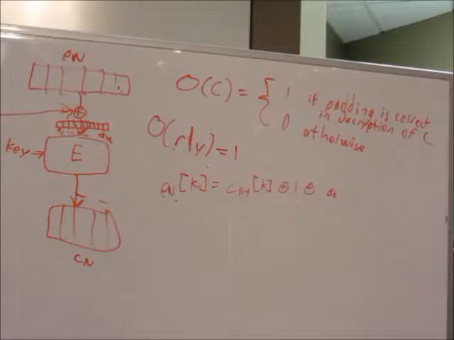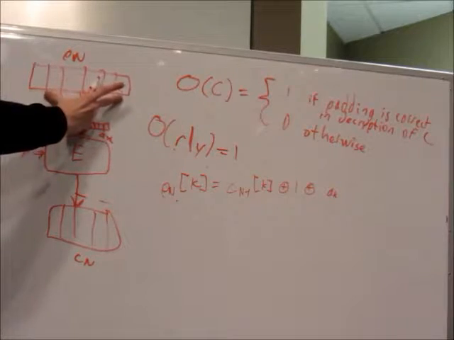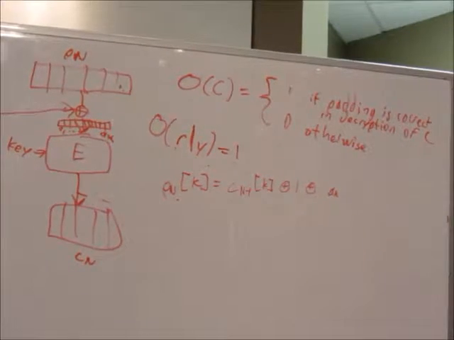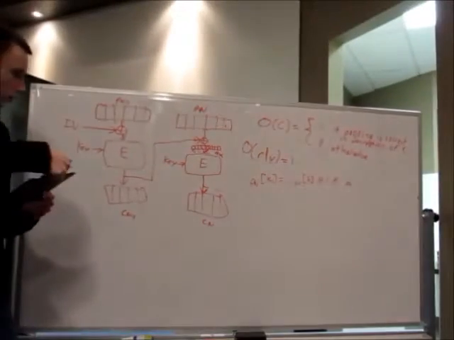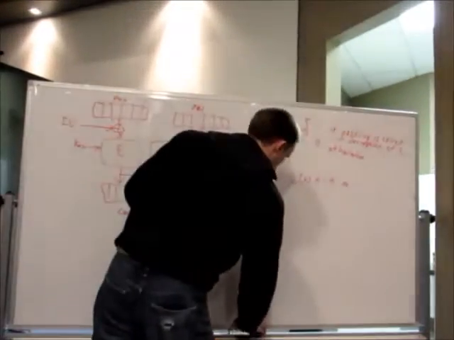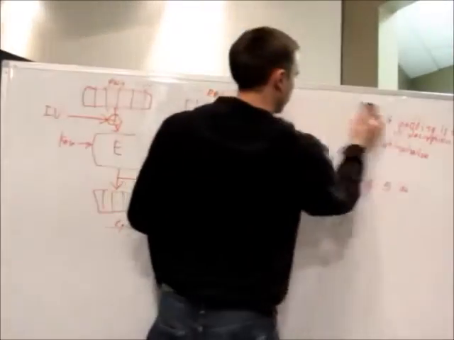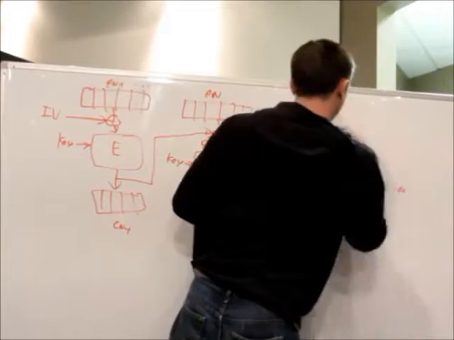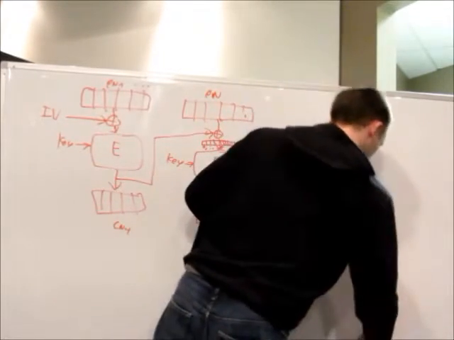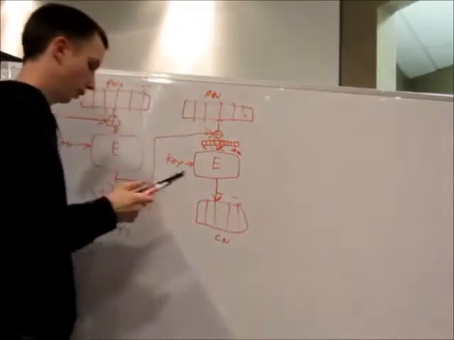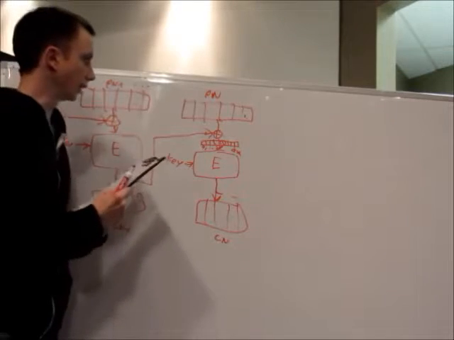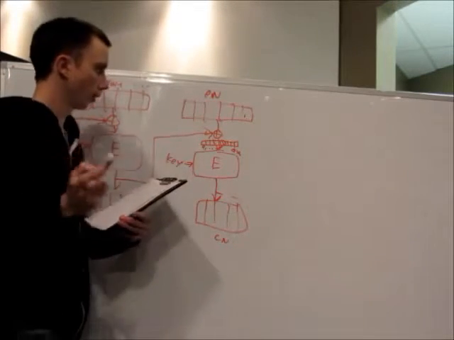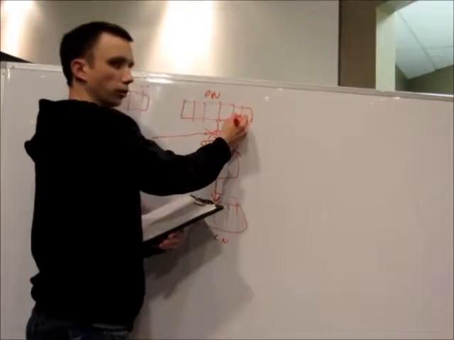From there, we want to move on to decrypt a whole block. The basic idea is we've generated a 1 here before.